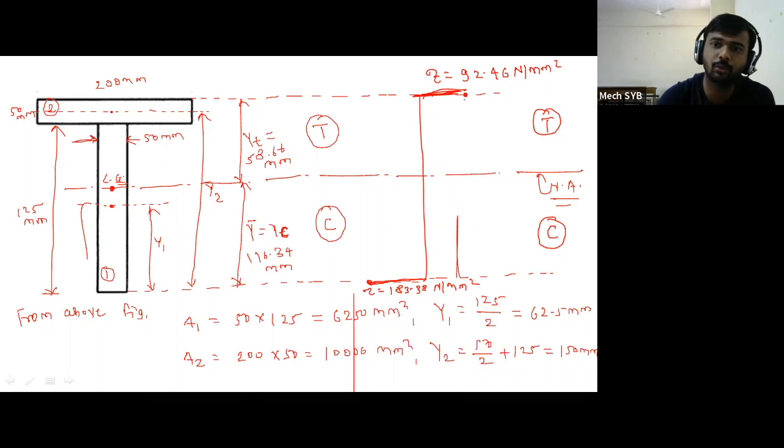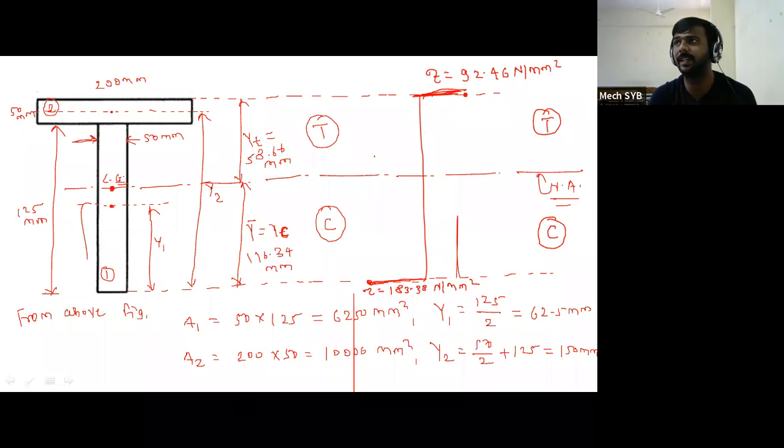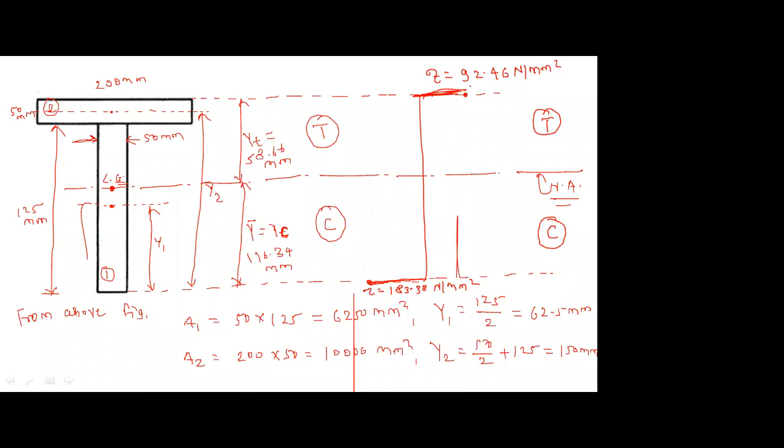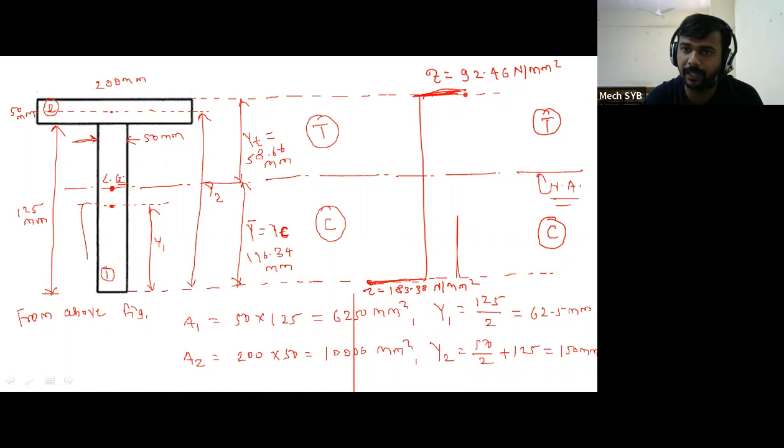Now how to join these two points, whether inclined line, parabolic curve, cubic curve? Inclined. There is an inclined line. So from the top reference line to the bottom reference line, you have to join these 2 points by the inclined line, and at the center point the bending stress is always equal to 0. What is the bending stress at the neutral axis? It is 0. It is always maximum at the top side and the bottom side.